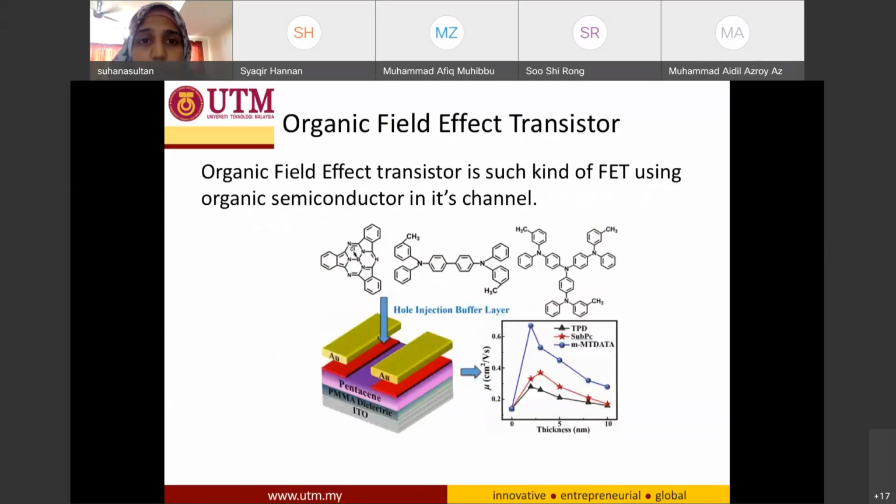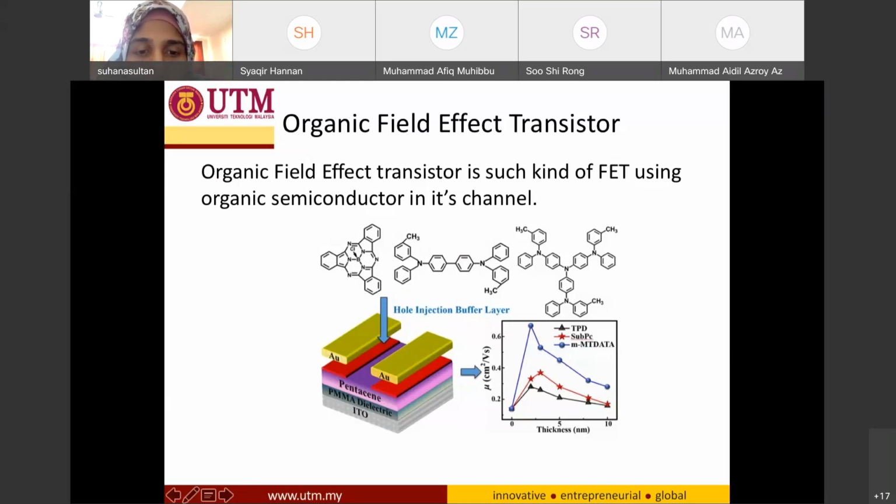Now, moving into the organic field effect transistor, it is a kind of FET using an organic semiconductor in its channel. If you look at this structure, it's the same as what we have done before in the semiconductor MOSFET. If you look carefully, the gold here acts as the source and drain. Then you have pentacene.